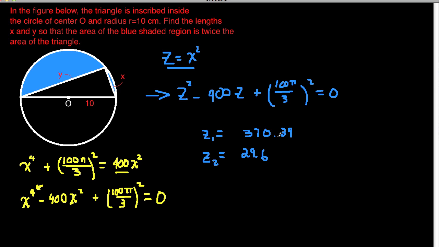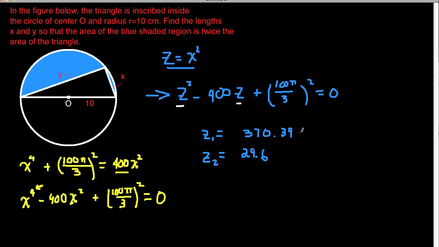So these are two values of z that solve this equation right here. But remember, we're not looking for z. What we're looking for is x squared, and z is equal to x squared. So we have to take the square root of these two values to find the two values of x.